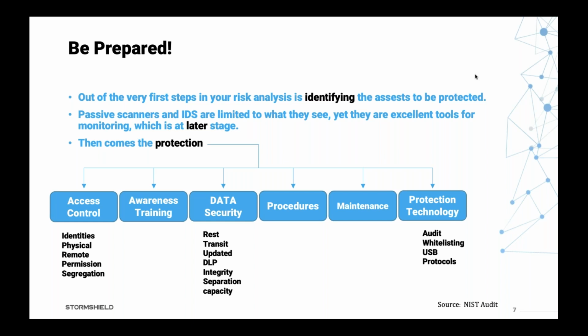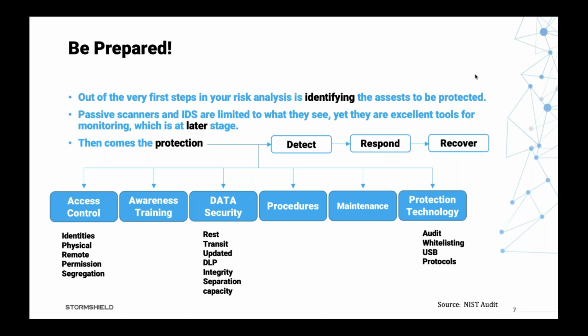Whitelisting, we'll speak about it more. One example is USB, where mass storage devices are actually a big risk. So managing them, I just referred to it as USB, but it could be anything else. And finally, also protocols, which today is a big question, and we have something important to discuss at the end of this webinar about protocols and also about whitelisting.